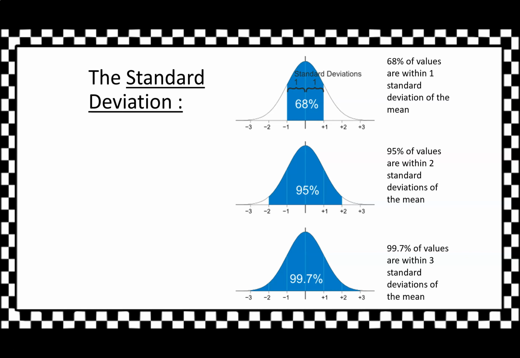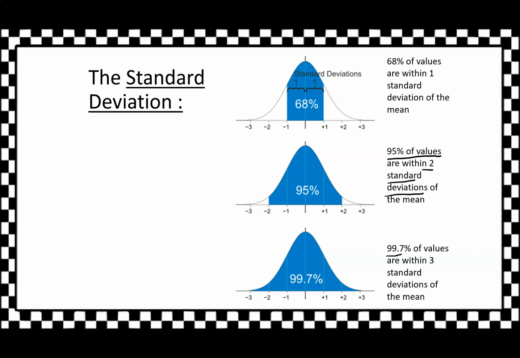We're saying that 68% of the values are within 1 standard deviation of the mean, meaning if you're talking about test scores, you could say something like 68% of people scored between this score and that score. And then similarly, we're widening our spread here and saying 95% of values are within 2 standard deviations of the mean.